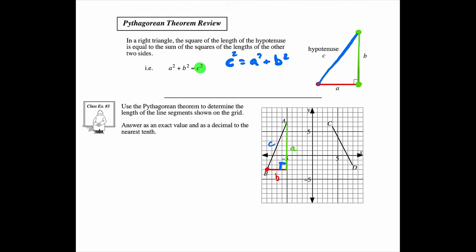Okay, so what is the length of B? Well, again, we can count those squares, but you don't want to get used to counting. You want to be able to do the math. Even if it's simple math, you just want to do the math, so when it's more complex, you have that process down pat. So the length of B is going to equal the absolute value of one point subtracting the other point.